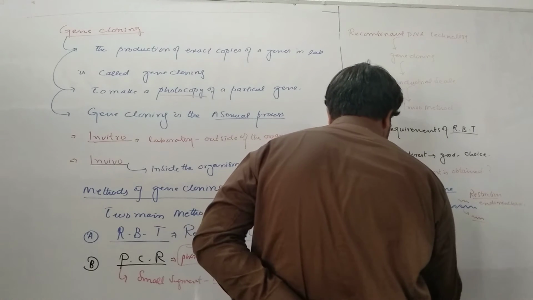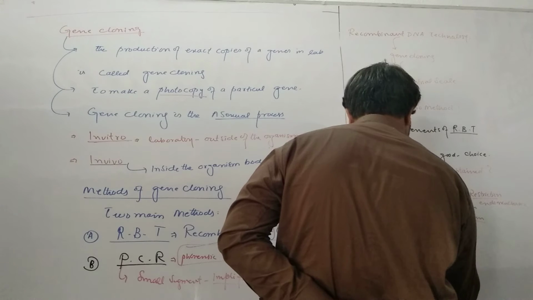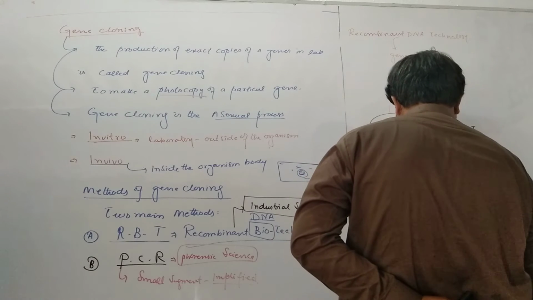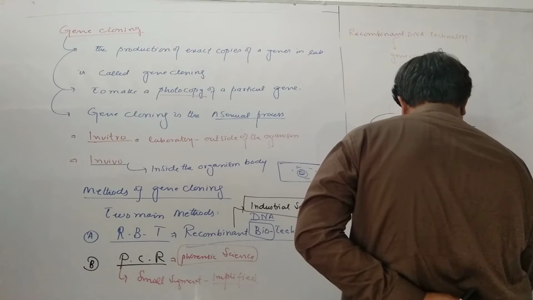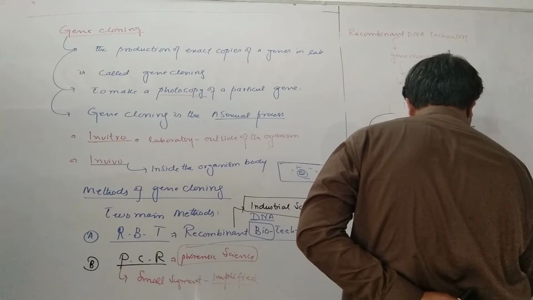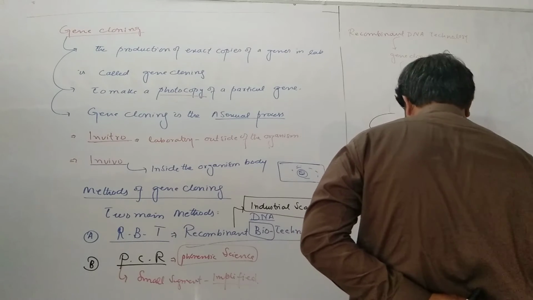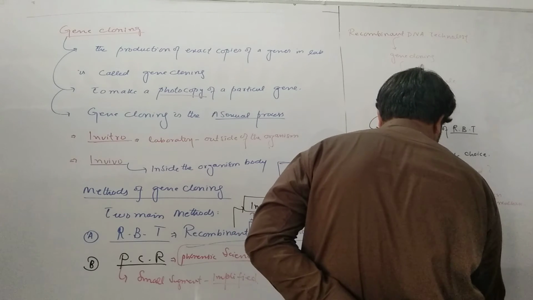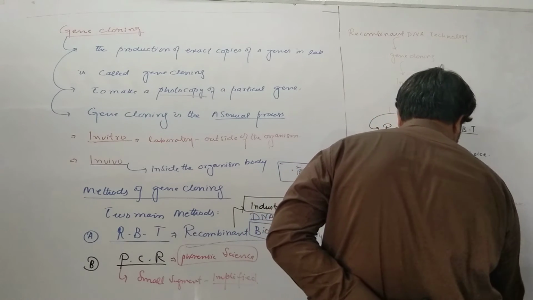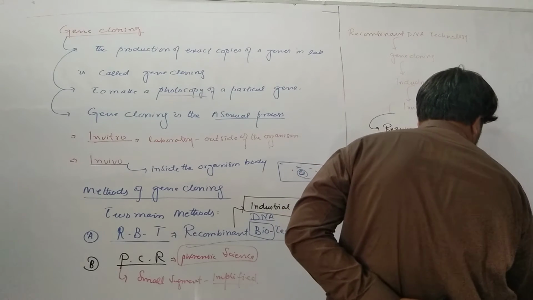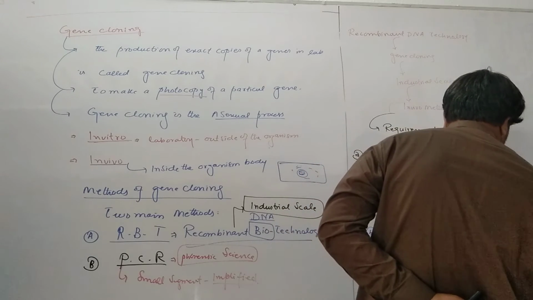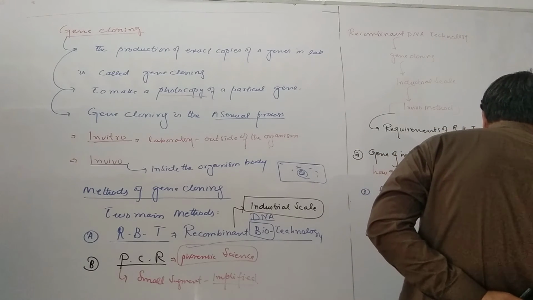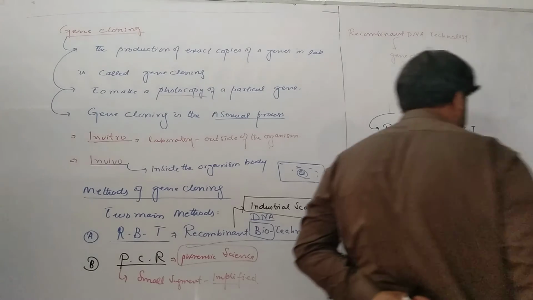The second one is artificial synthesis. Scientists can make gene of interest in lab by using particular nucleotides and enzyme.